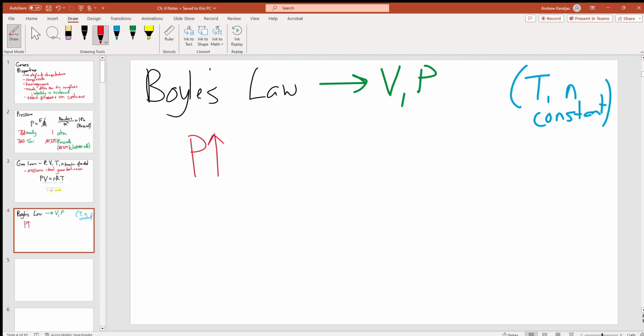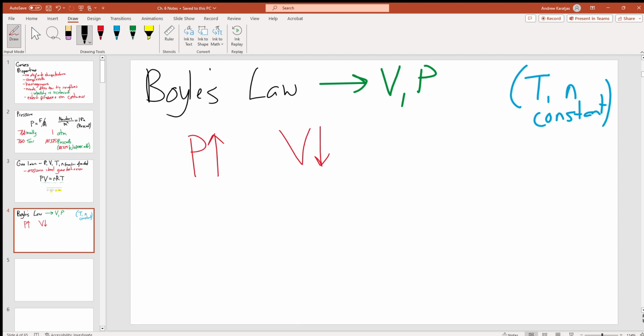Well, increasing the pressure pushes in on the gas, it compresses it, and so if your pressure goes up, your volume is going to go down. And the opposite would be true as well. If we decrease the pressure, then the volume goes up.